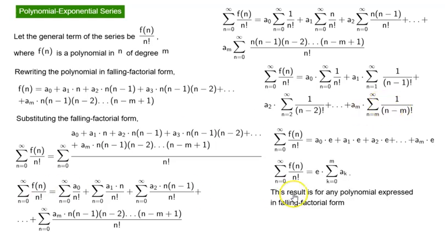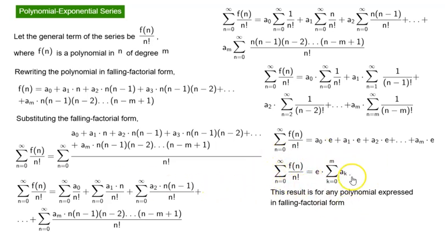Now taking e common, we end up with the series f of n divided by n factorial is equal to e times a finite series of a sub k. This result is for any polynomial expressed in falling factorial form.